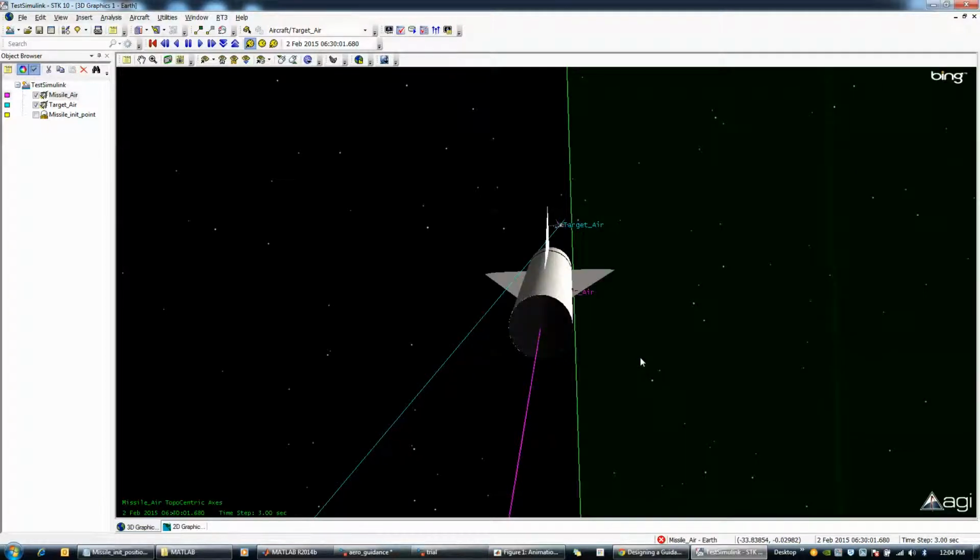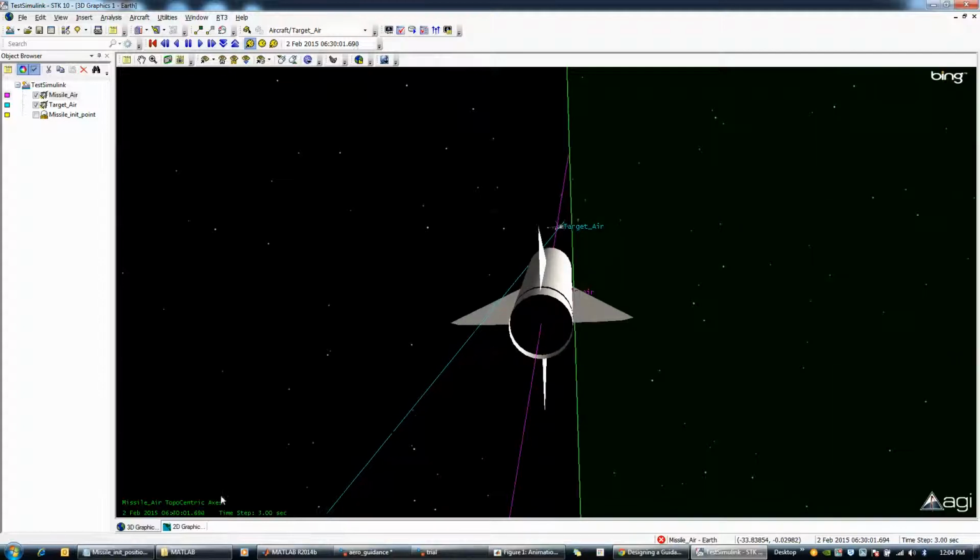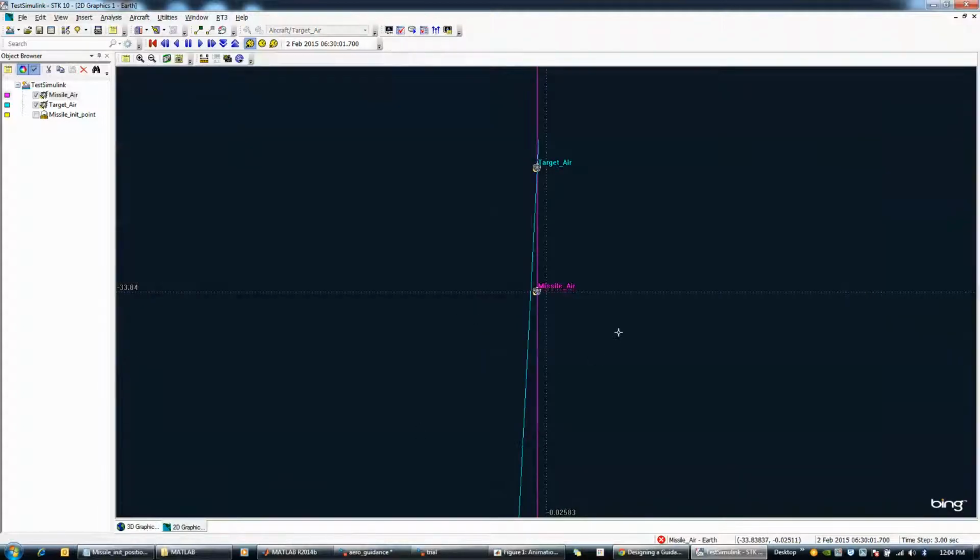And it is altering and moving towards the target. So if you look close over here, and please note that this is in two dimensions, and both are moving along the same plane.